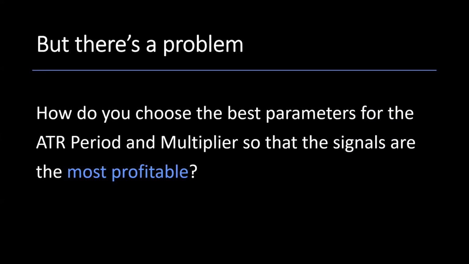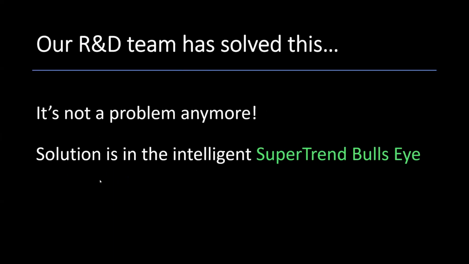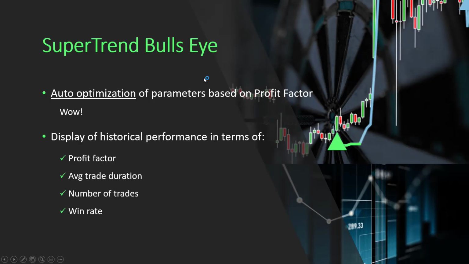Now, we have developed a solution for this. In fact, we have developed an intelligent version of SuperTrend, which we call SuperTrend Bulls Eye, now in generation 2.0, which will auto-optimize these two parameters for you.